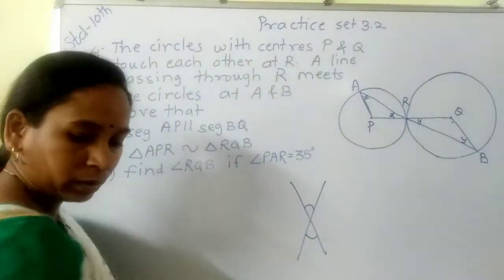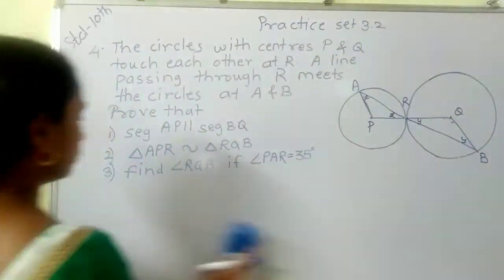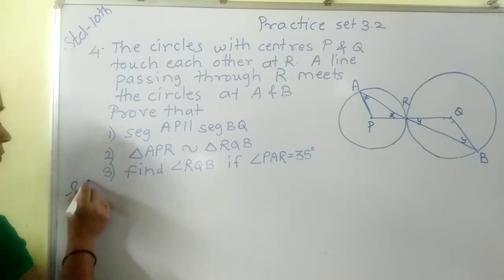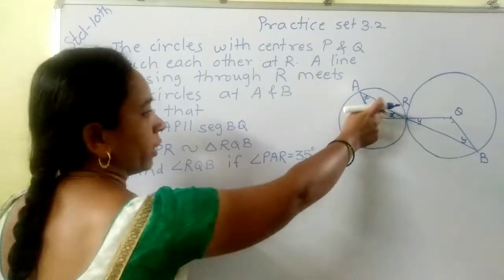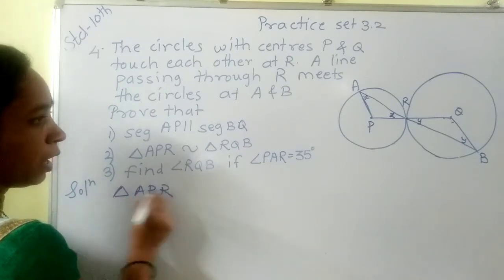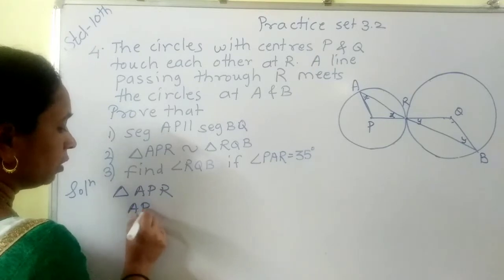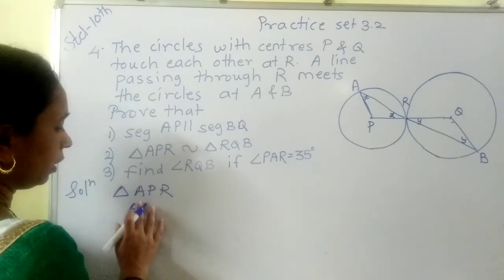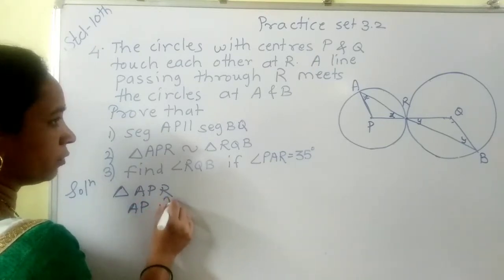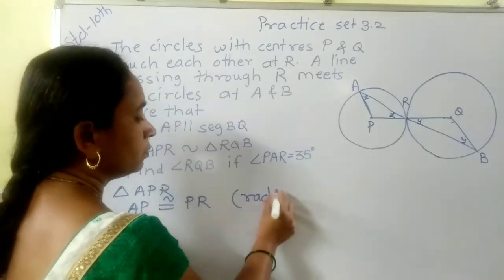Now we'll see the proof. Solution. First I'll consider triangle APR. In this triangle, AP is congruent with PR, radii of the same circle.